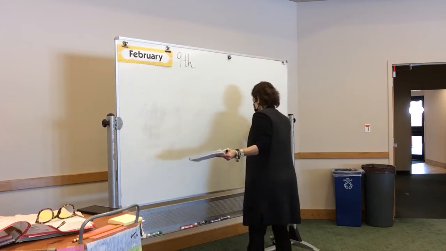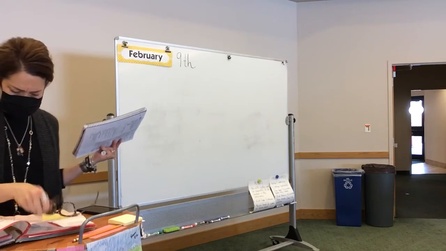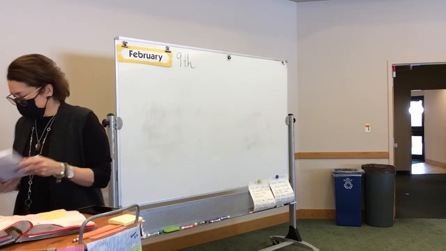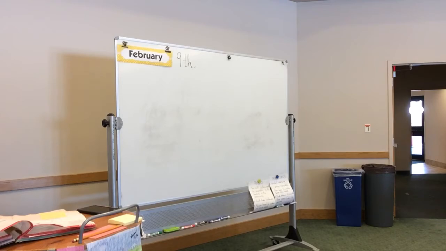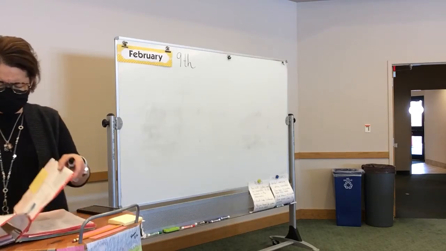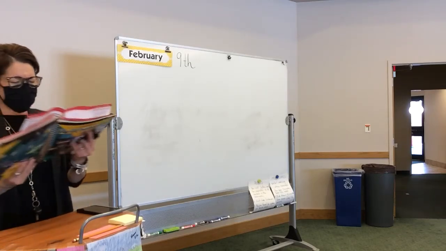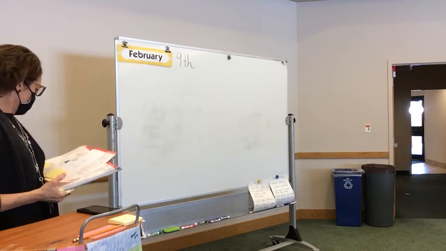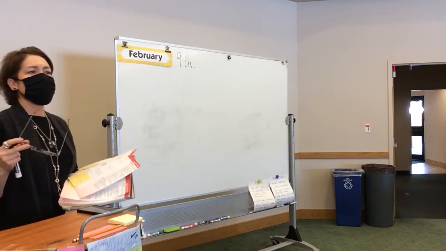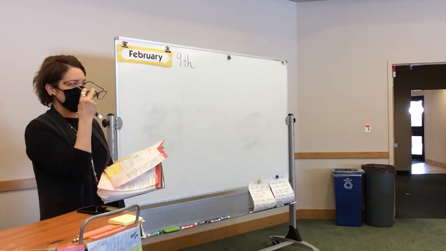Open up to page, what is it, lesson 20? 127. Put this away. My poor book makes me so sad. It's coming apart. All right. Now you are going to follow along in your books. We have the fun little whale shark and stingray.